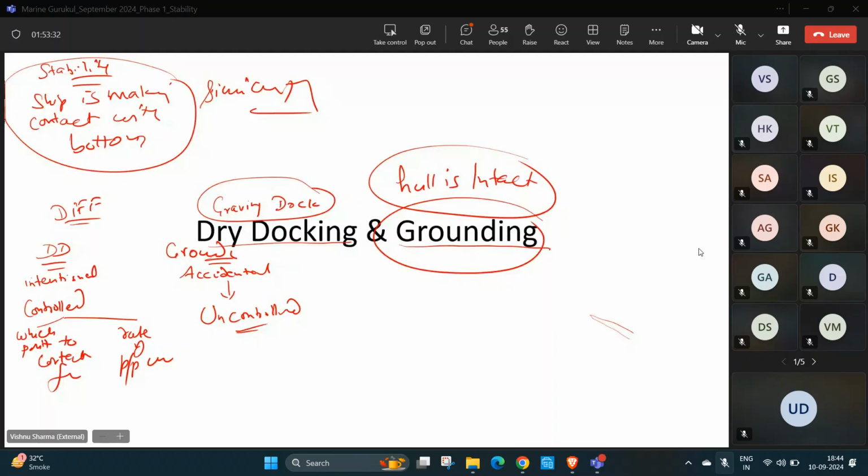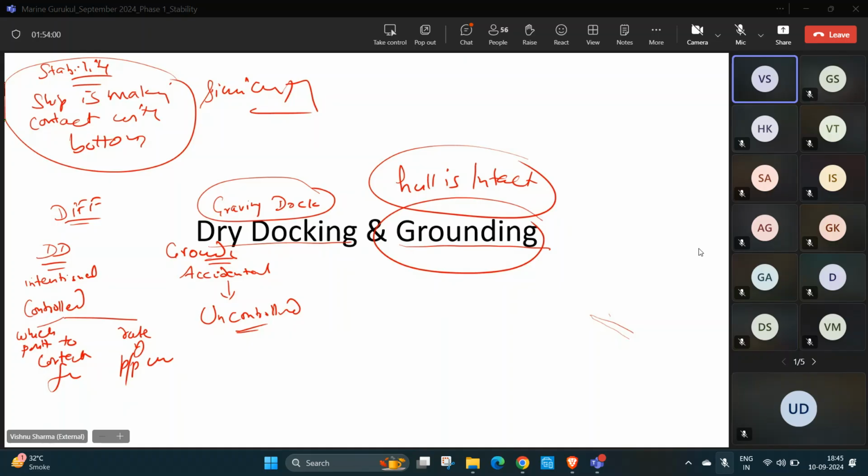And lastly, in dry docking, after the ship is outside the critical period, the FSC is not applicable because the ship cannot topple sideways. She is adequately supported. But in grounding, even if the ship is sitting on the seabed completely, she is not supported adequately. Why?